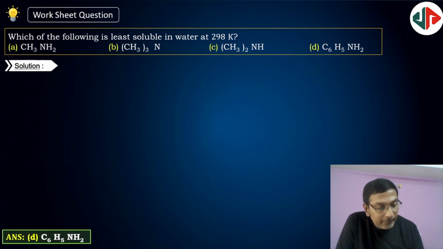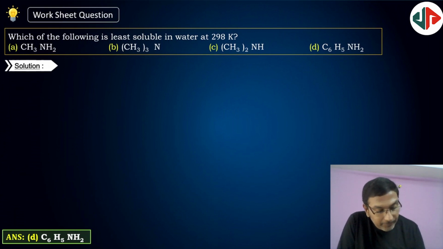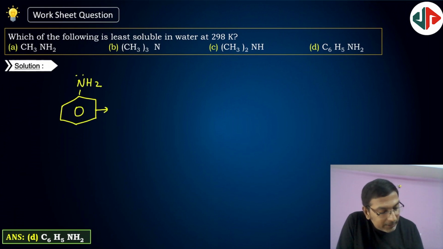Option A, option B, option C can form hydrogen bonds with water. But here, option D, the C6H5 phenyl structure is hydrophobic.